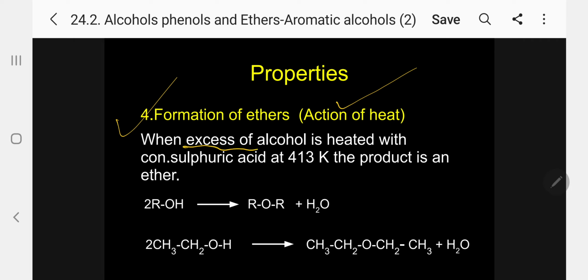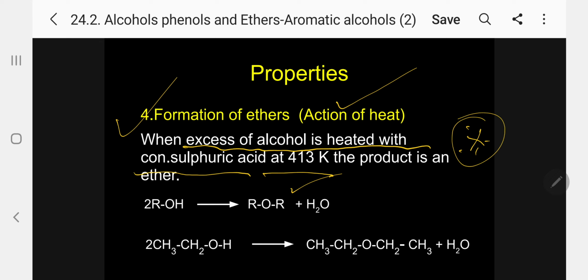When excess alcohol is heated with concentrated sulfuric acid at 413 Kelvin, please follow, a lower temperature and a higher concentration of alcohol. The same reaction we have done already under the formation of alkene. Therefore, 443 Kelvin, high temperature but minimum alcohol, when we heat gives the corresponding alkene. Please remember this difference, my dear students.